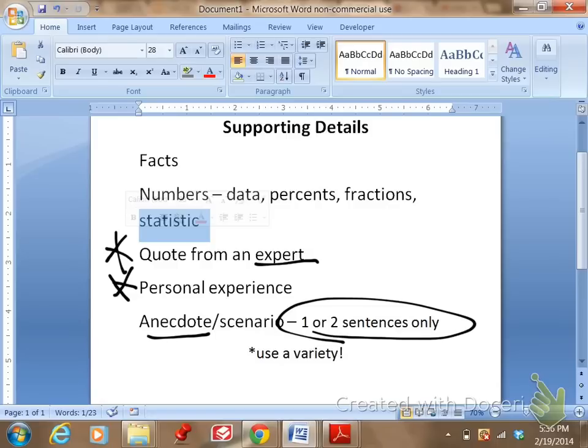So you only want to include 1 to 2 sentences on that. And remember, an anecdote or a scenario is just like a short little story. We practiced that with the introductory paragraphs.